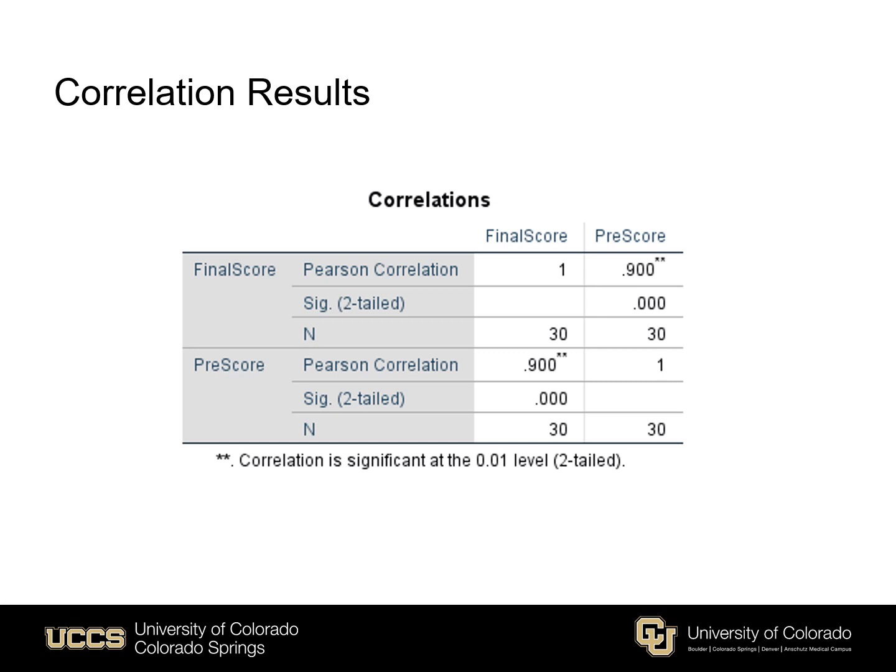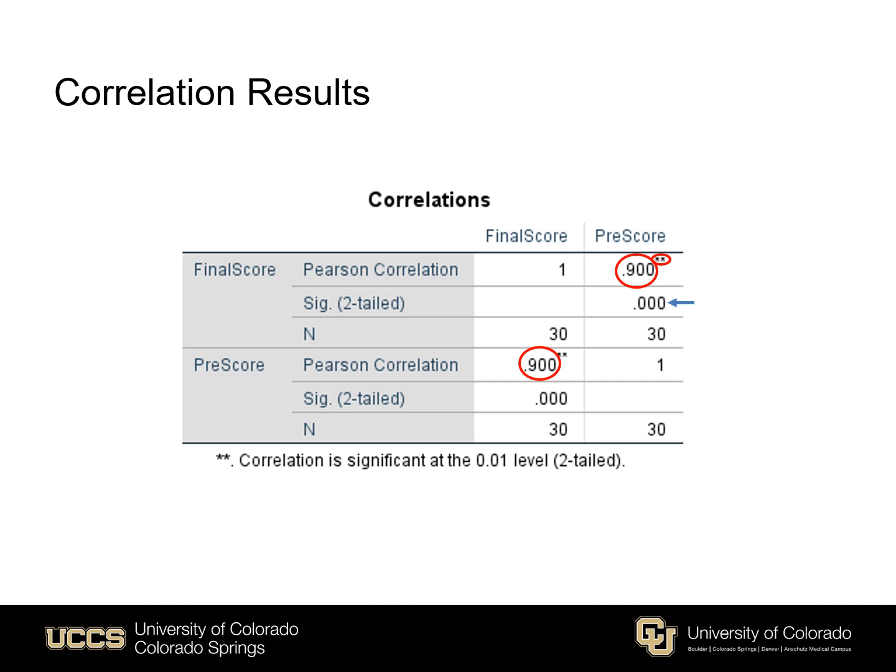Once you select OK, you should have correlation results in your SPSS output file. I've grabbed the correlations table from the output and pasted it on this slide. We can see that the correlation between pre-score and final score is 0.90. That shows up in two places in the box. The two stars indicate that the correlation is significant at the 0.01 level.